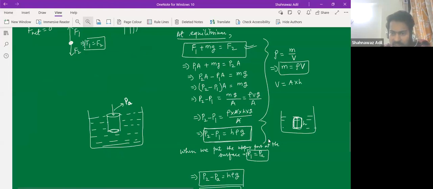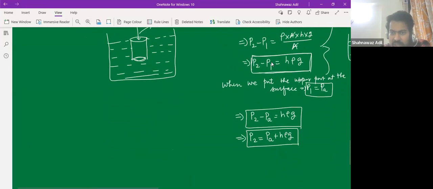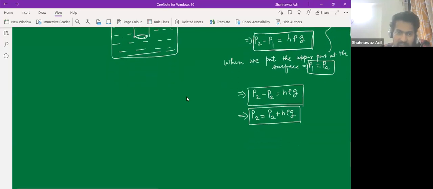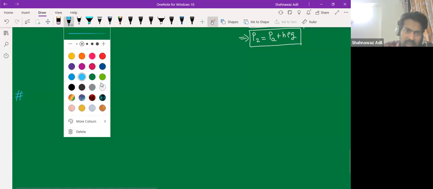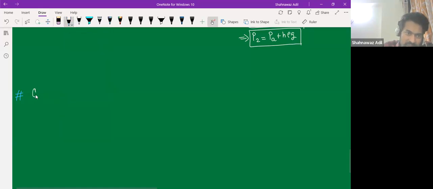So what did we get? We get a change in pressure at different heights, right? This change in pressure has a special name, and it is called gauge pressure.